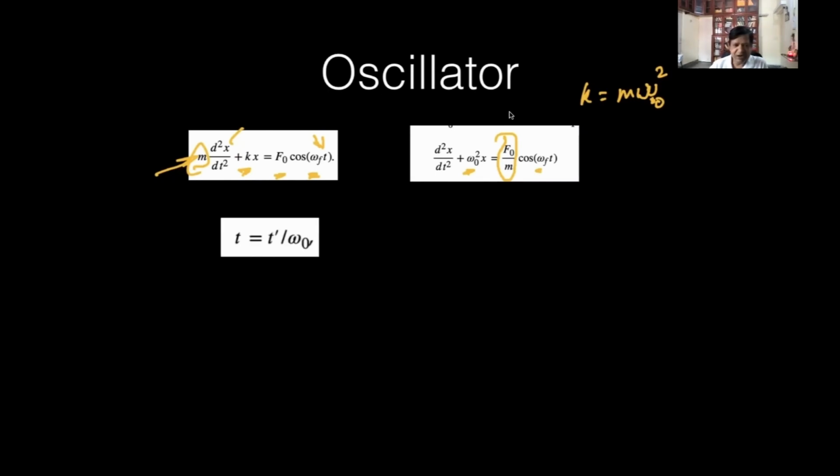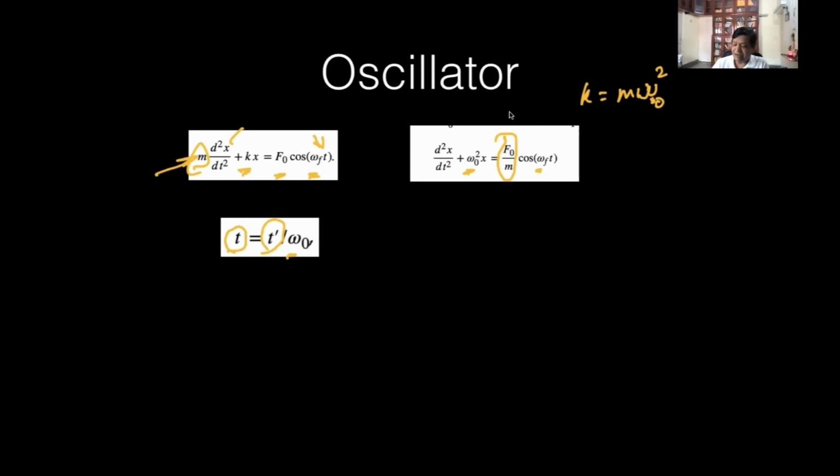So I'm going to write this t as t prime divided by omega naught. t has units of seconds, and 1 by omega naught has units of seconds. So what is the unit of t prime?